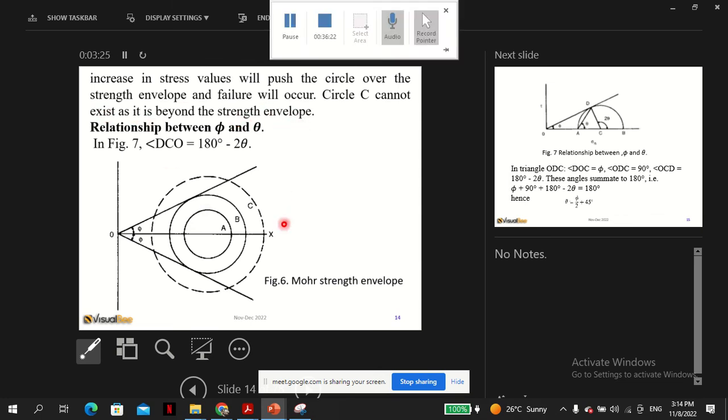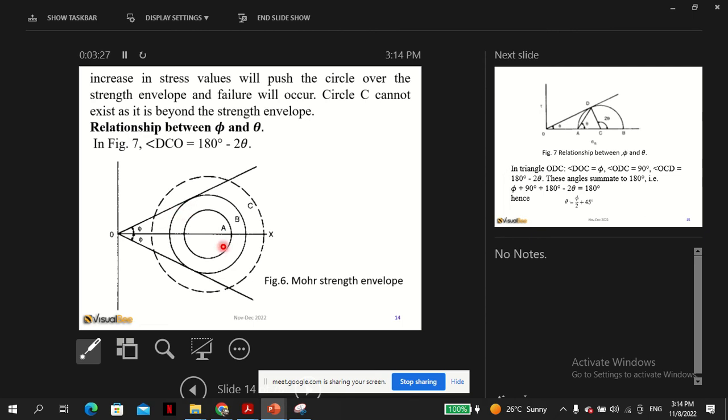So here, just explaining: because the limiting strength is phi, circle A is in a stable condition because the strength is nowhere near the maximum value. For circle B, the limiting strength, which is phi, has been reached, so that's okay.